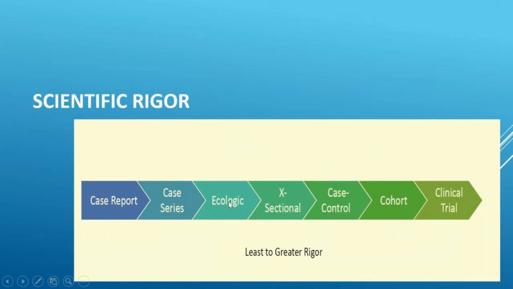Ecologic studies, when you are talking about a certain area or a certain population. I will give you an example: in a certain city, the number of people becoming sick after drinking water from a certain lake has increased. They are developing bloating, diarrhea. Why?